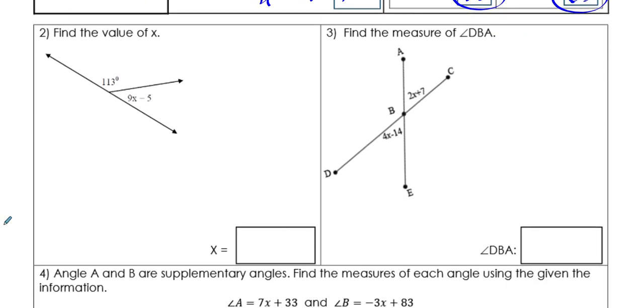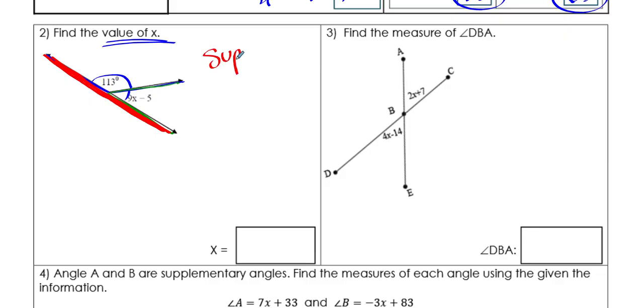All right, here we just have to find the value of x, so we don't need to do that substitution step at the end. We know that this is 113, and we know this is represented by that expression. We also can see together that angle and that angle form this straight line. That's the relationship.